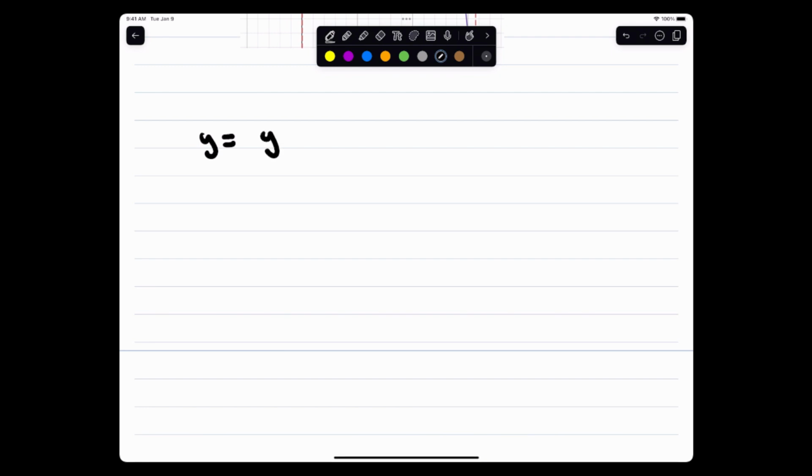I'm going to say y equals 4 cotangent of 3x. And we're going to want to find, again, the interval of one cycle, the period, the vertical asymptotes, all those nice things.